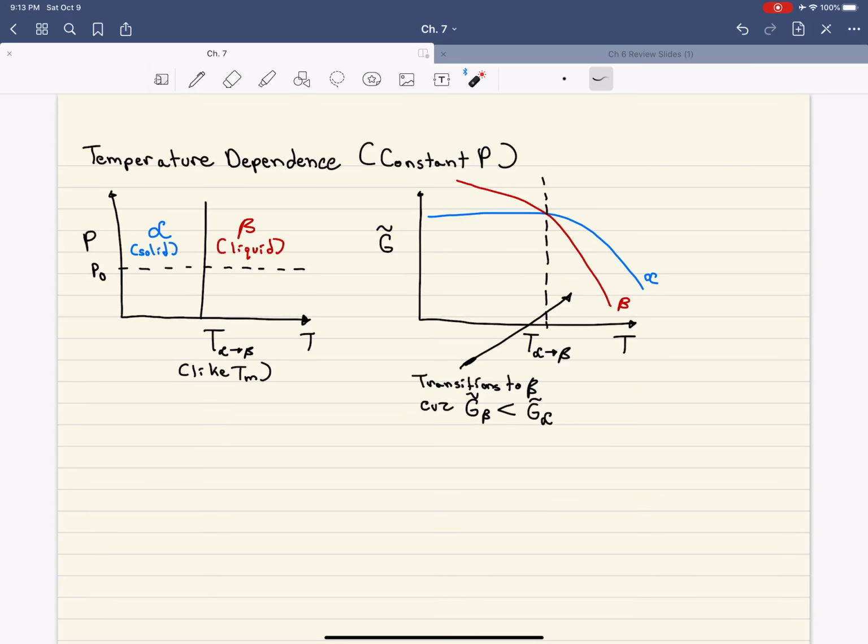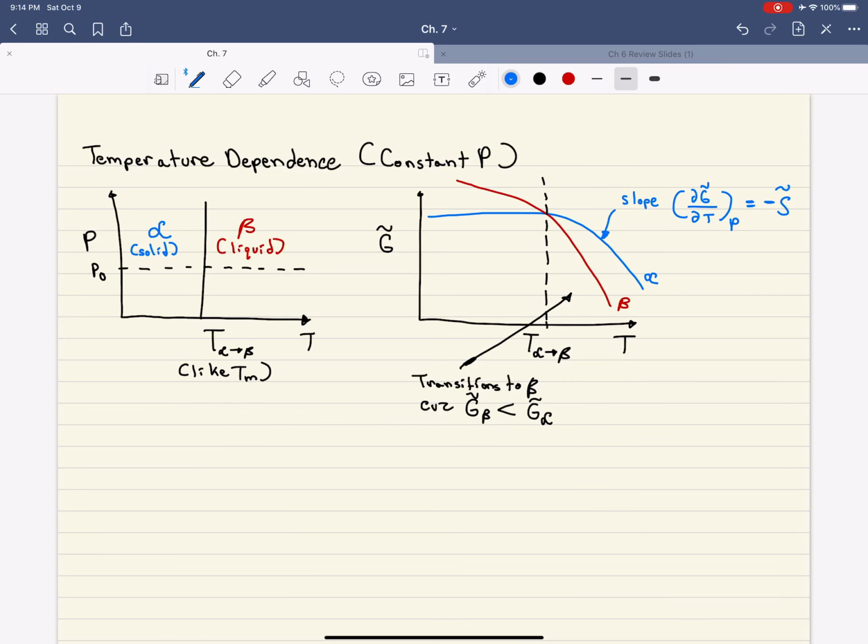Okay? One thing I want to point out is that for these molar Gibbs energy functions, the slope, this dG molar/dT at constant pressure, we know from the fundamental Gibbs equation that that's equal to the negative of the entropy.